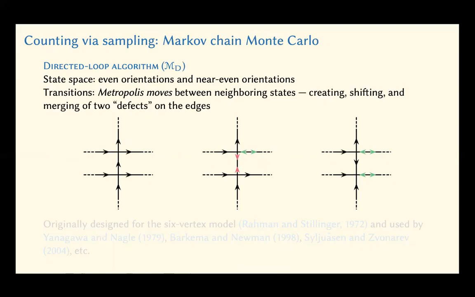The transitions of this Markov chain are Metropolis moves between neighboring states. One state can go to another state by creating, shifting, or merging two defects on the edges. We call such disagreeing half edges defects.